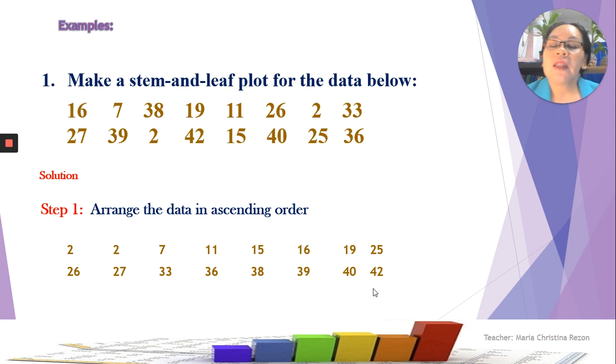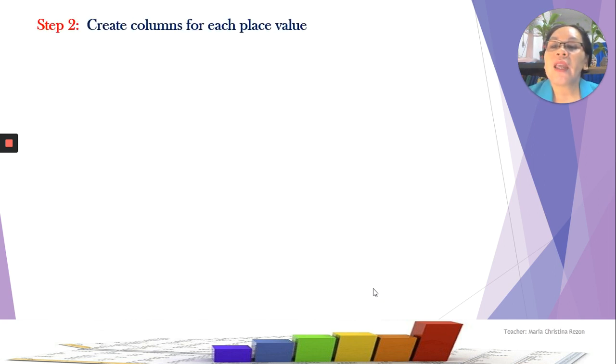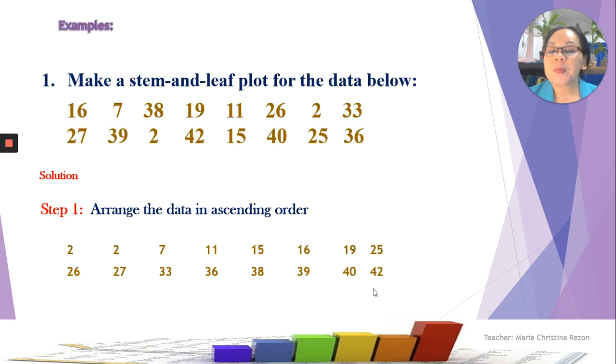Then the next thing that you're going to do is create columns for each place value. Now, if we go back to our data, we'll check the place value. For 2, 2, and 7, the place value is only the units digit, and the rest, you have 2-digit numbers here.